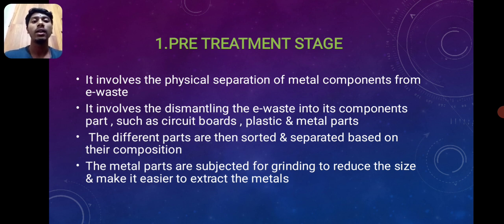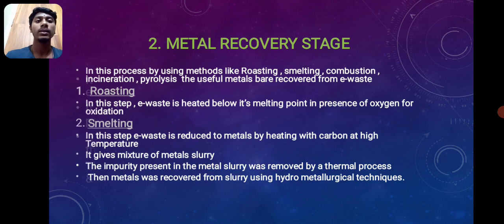The different parts are then sorted and separated based on their composition. The metal parts are subjected to grinding to reduce the size and make it easier to extract the materials. The second step is the metal recovery stage.